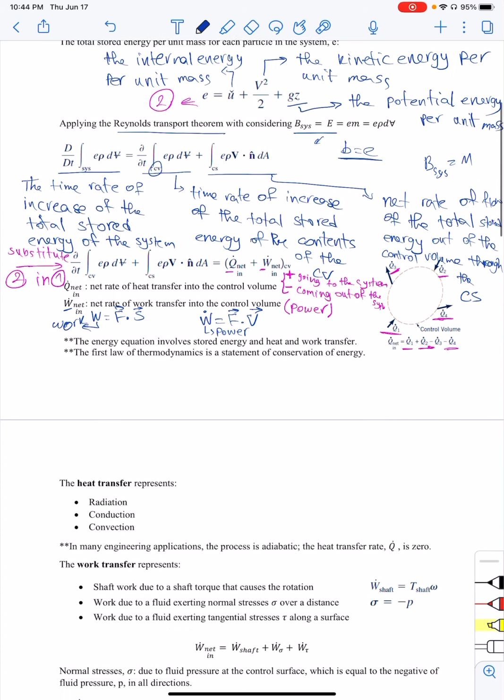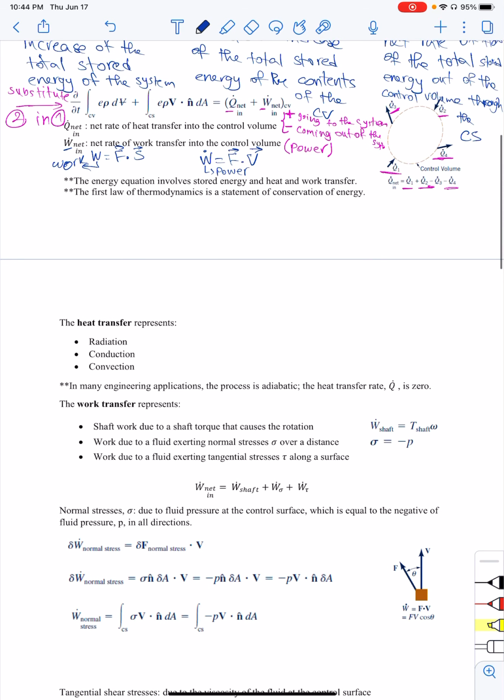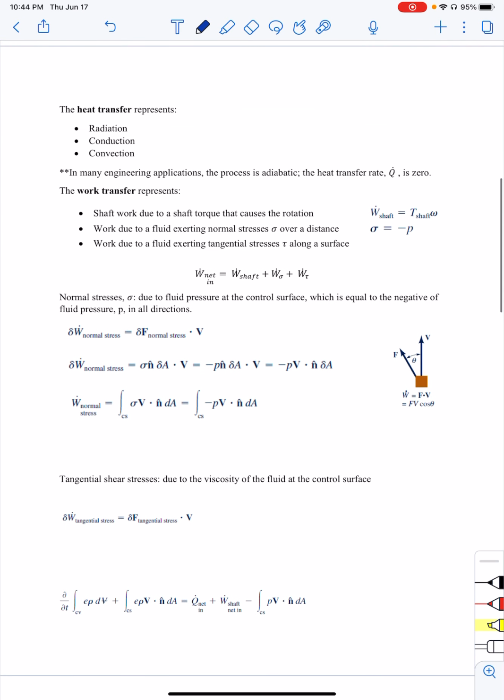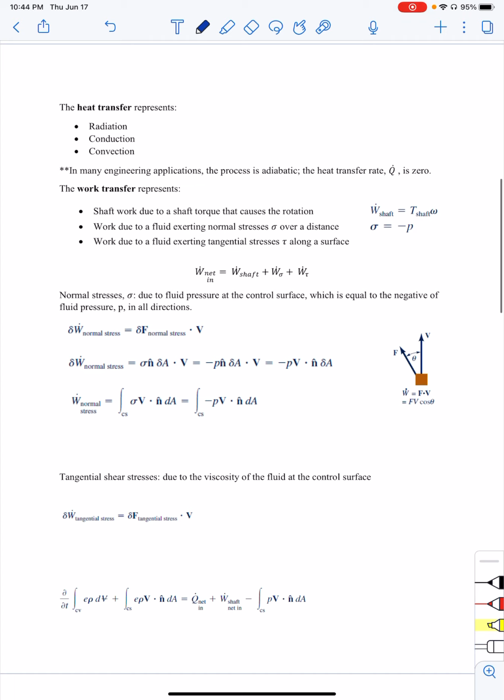So let's go to the next part, where we try to elaborate what the heat transfer to our system and what our work transfer represent.